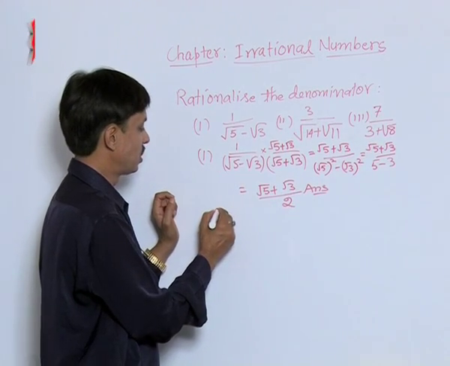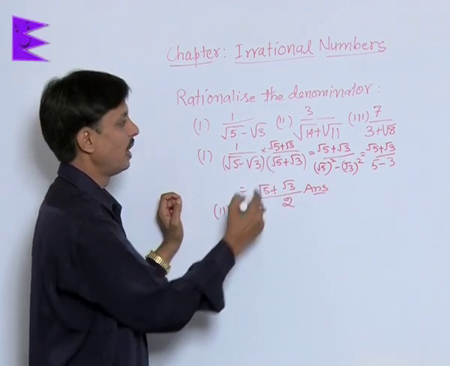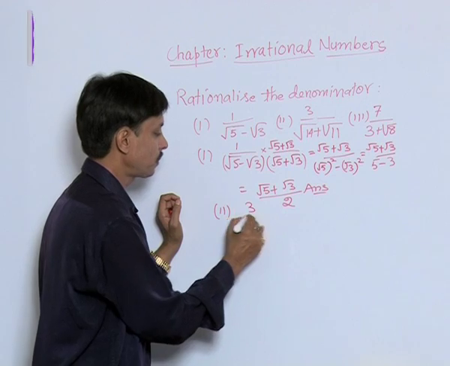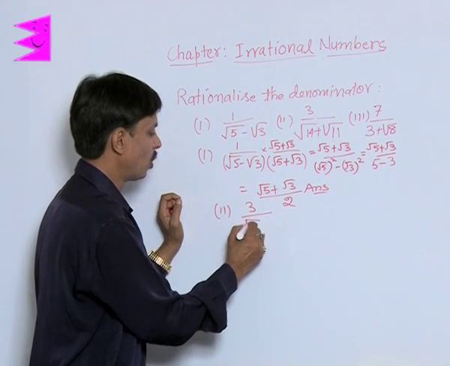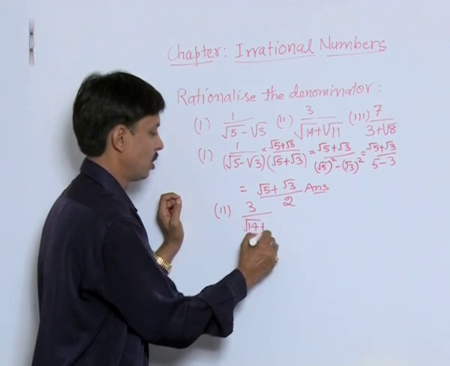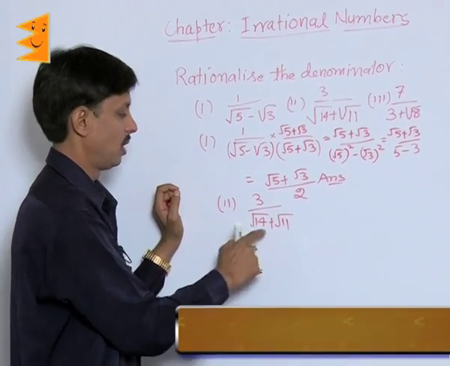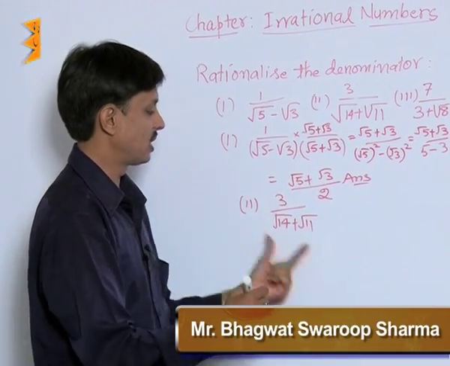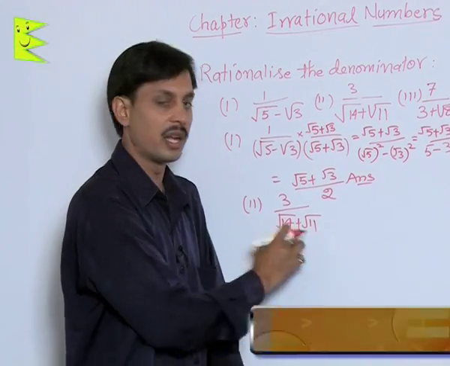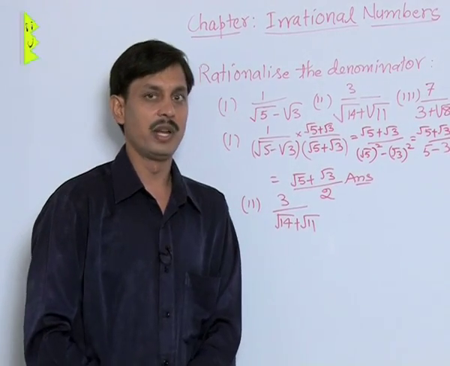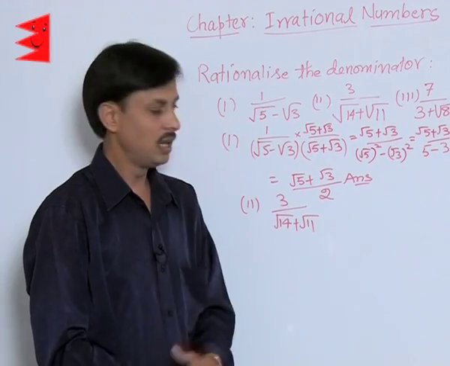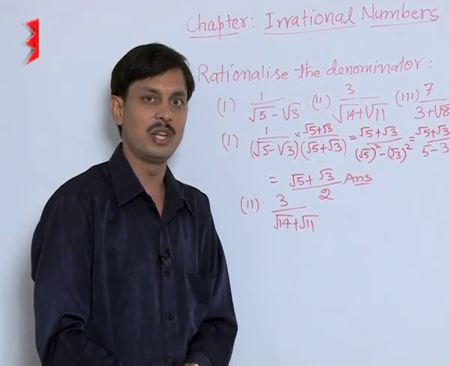Now I am taking the second part, 3 upon root 14 plus root 11. The denominator is also a binomial. What is the procedure to rationalize terms having a binomial as denominator?